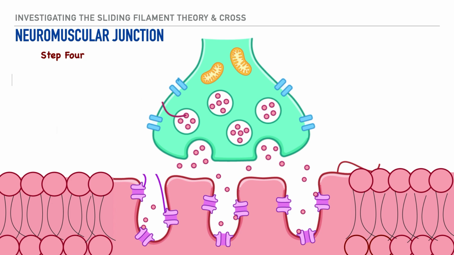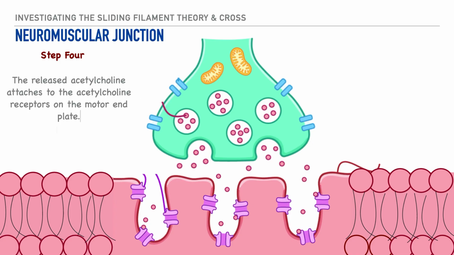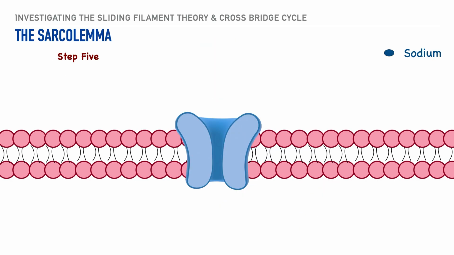Next, the released acetylcholine attaches to the receptors on what we call the motor end plate. Now on this image, we've zoomed out a bit to see the sarcolemma. And what we'll see here is a channel embedded within it, which is a sodium channel.